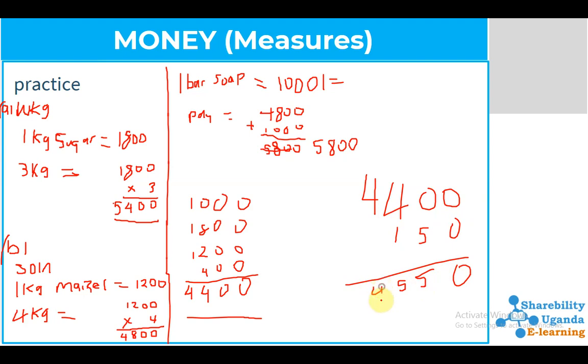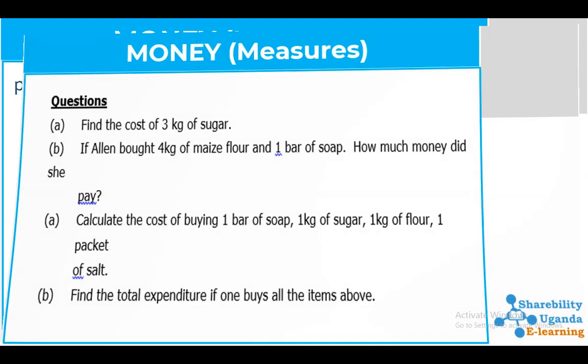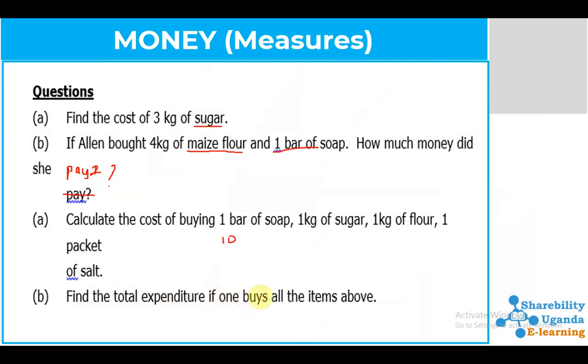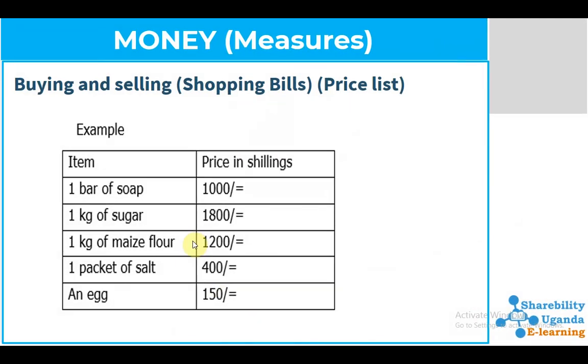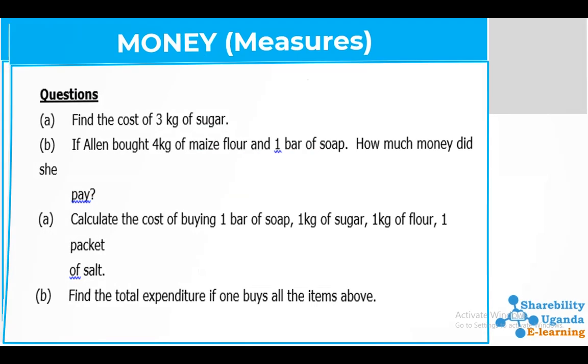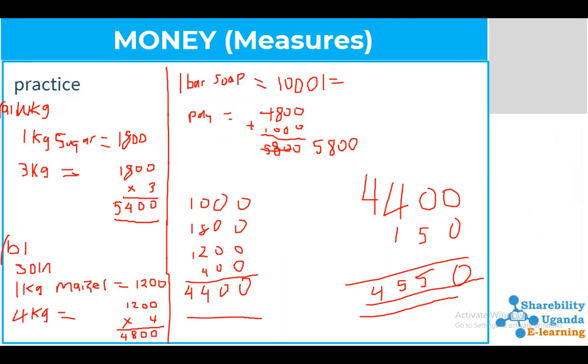You can see this is the total of all the items, because here they are saying find the total expenditure if one buys all the items. When you add all this money, it's going to give you this money. All right, so we have been able to solve our question.